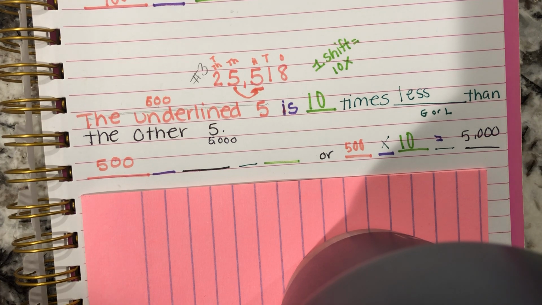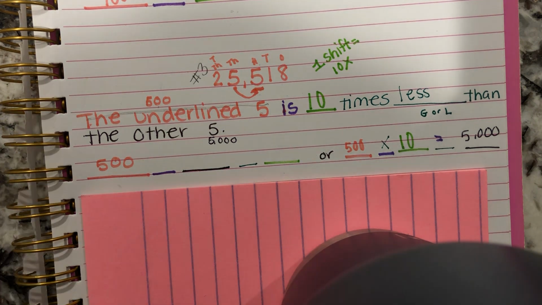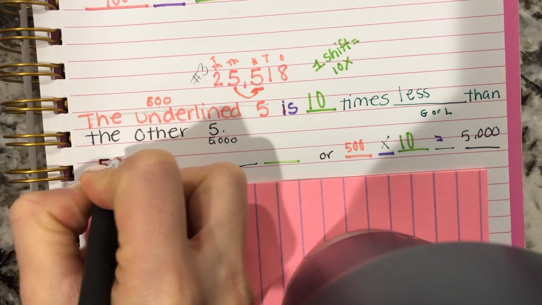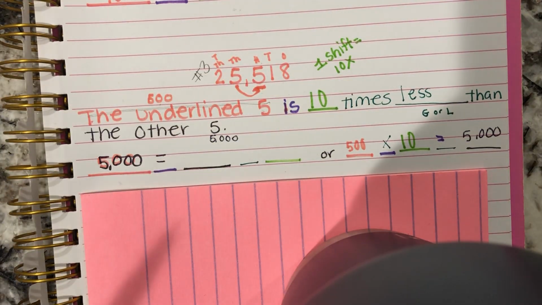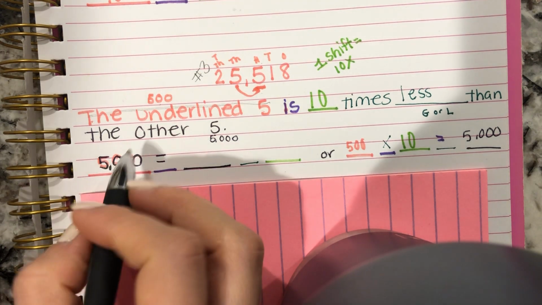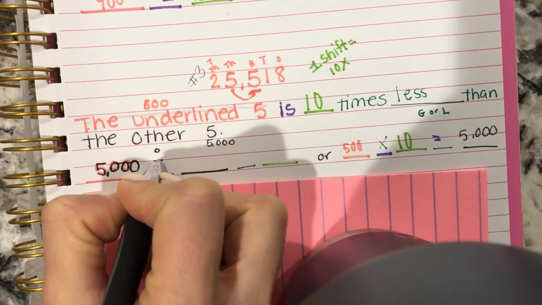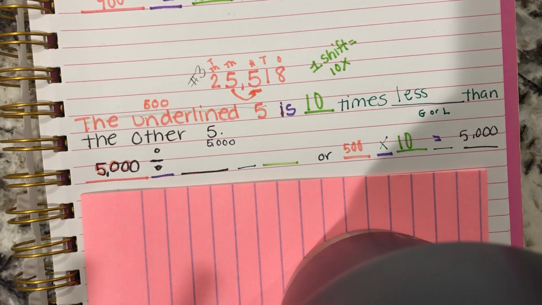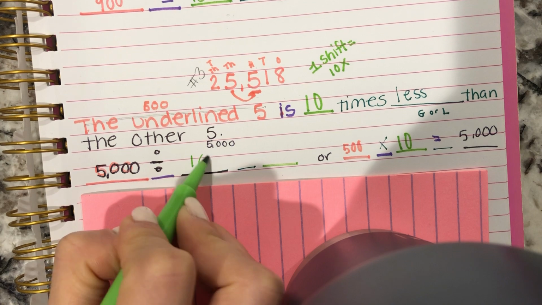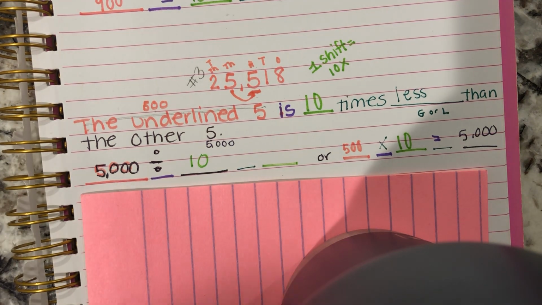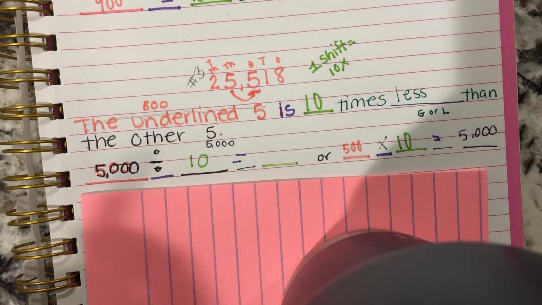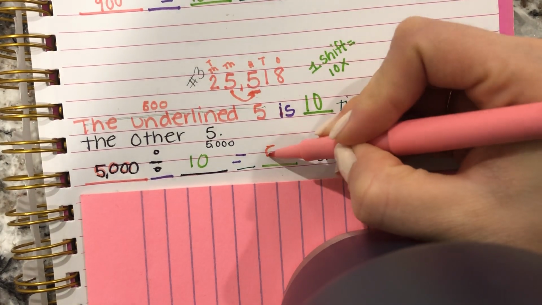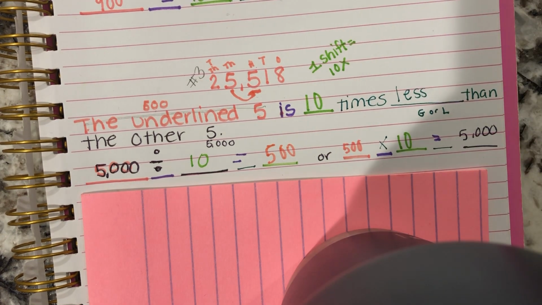Or, if I go in and switch the order here, if I start off with 5,000, that's equal to 5,000 divided by 10 equals 500. We could check that with the affixing 0 rule.